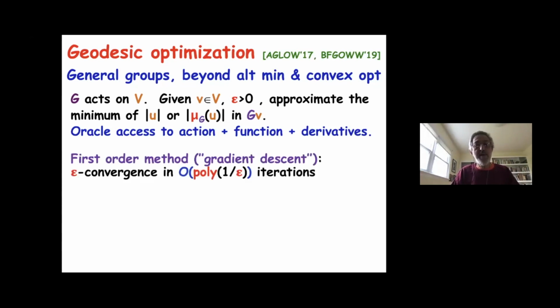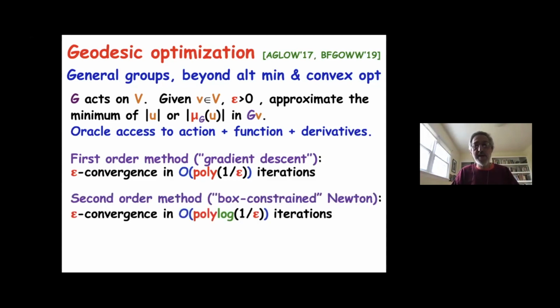And the first order method is just the same as gradient descent, and it converges just like in the Euclidean space in the commutative case in polynomial 1/epsilon iterations, as it should. And the second case is much more complicated, and it starts from the first reference on the top, the paper with Allen-Zhu, Garg, Lee, and Oliveira, which was designed to do something else.